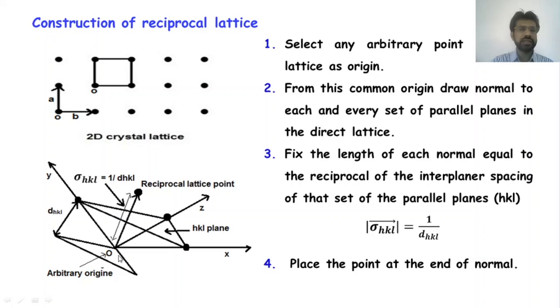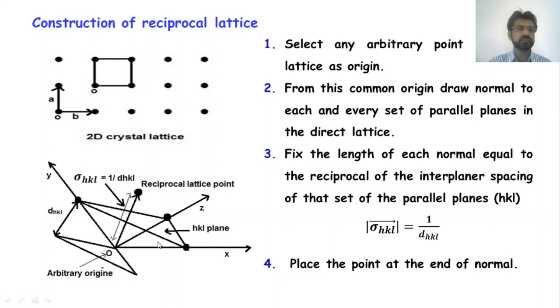Now suppose this is the x-axis, y-axis and z-axis, and if we consider any arbitrary origin O, and this is one of the planes known as the HKL plane, which is at a distance DHKL from the origin O. Okay, now see here. In this case, the first step is to select any arbitrary point in the direct lattice as the origin.